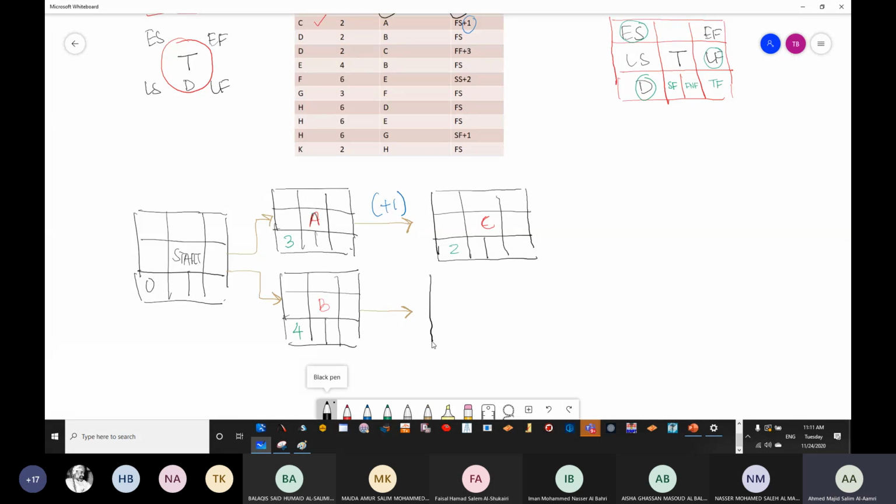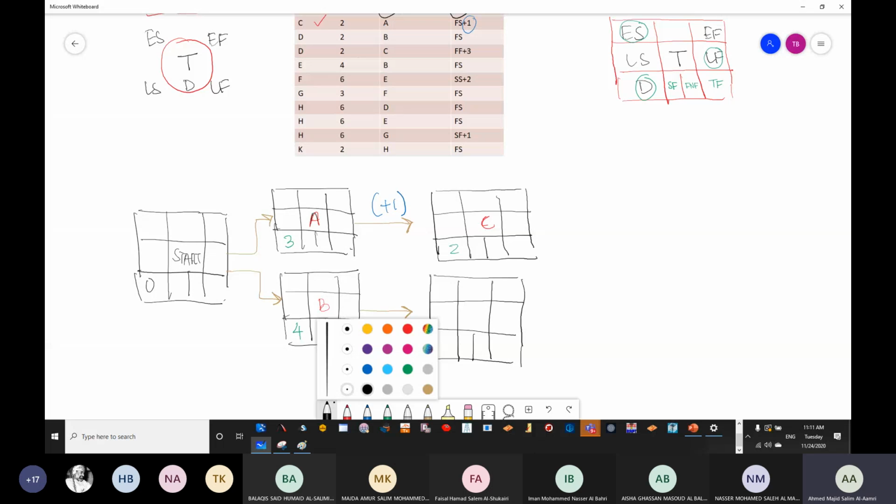So finish of B to start of D. And you can see the arrow going from the finish of B to the start of D. And the relationship is 2 days. So we have finished.